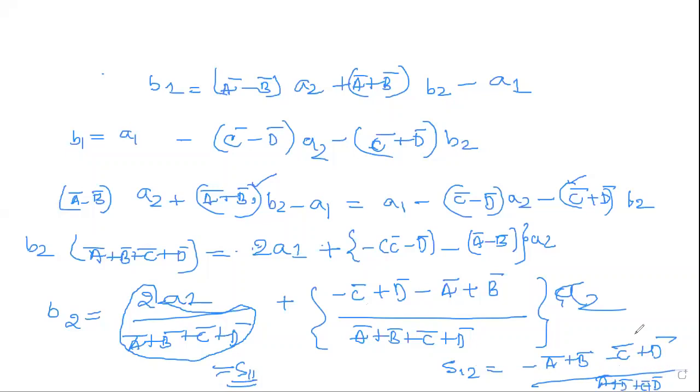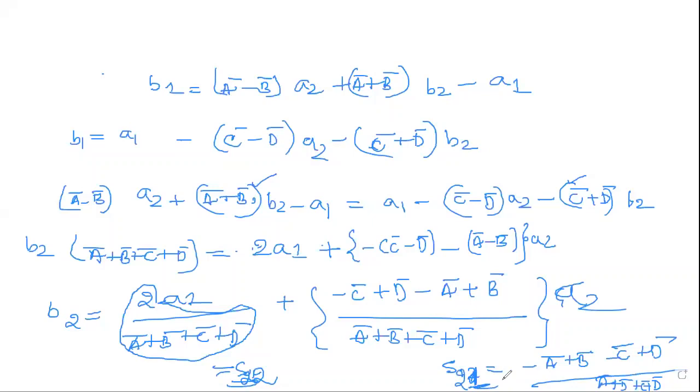I have not written it stepwise, just given you the idea. Just write it according to how you have solved for S21 and S22. Sorry, this is S22, not S11. S22 and this is S21.